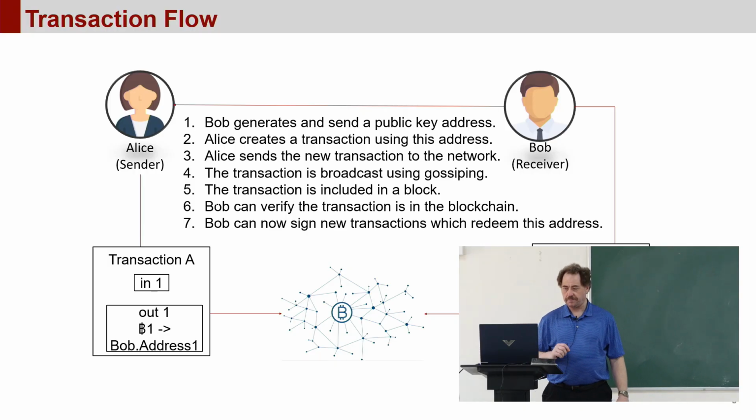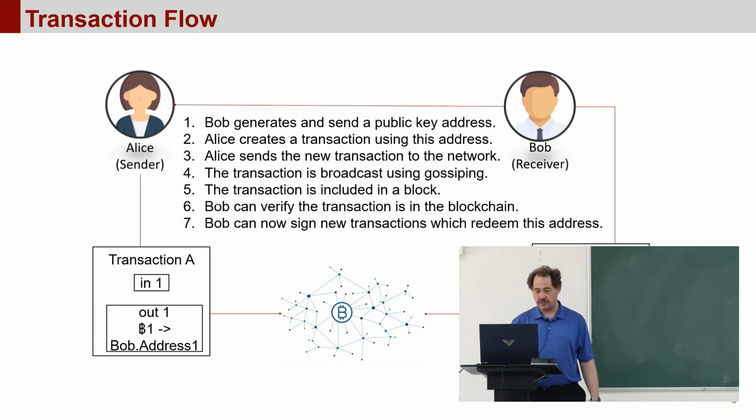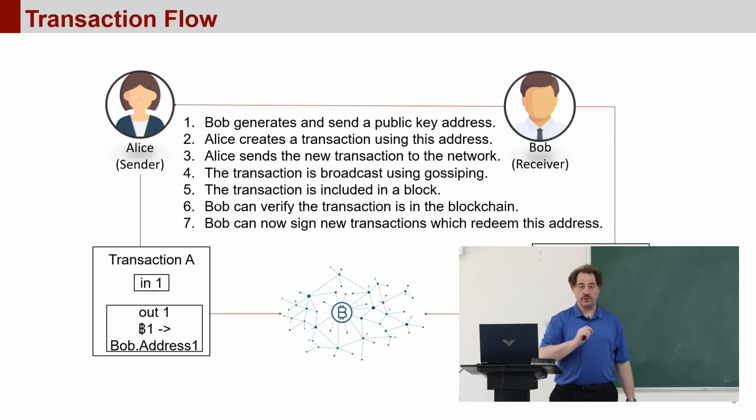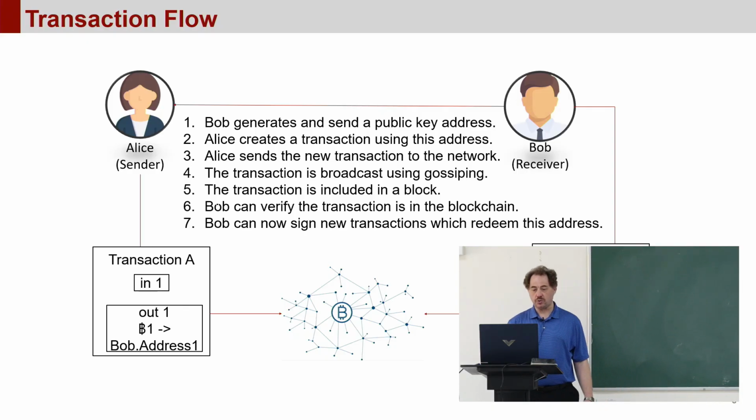Now, finally, some miner would decide to include the transaction in a block and propose the block, and the block would be appended to the chain, at which point Bob can verify that the transaction is in the ledger, and at this point, it becomes part of the UTXO, and from this point on, Bob can sign new transactions which would redeem this address. Okay?